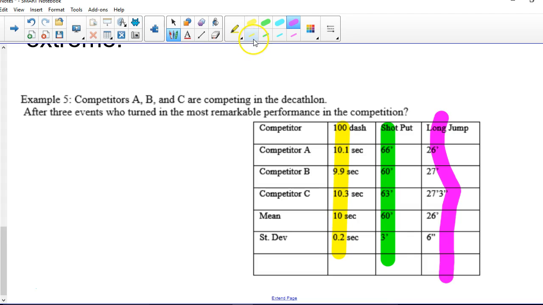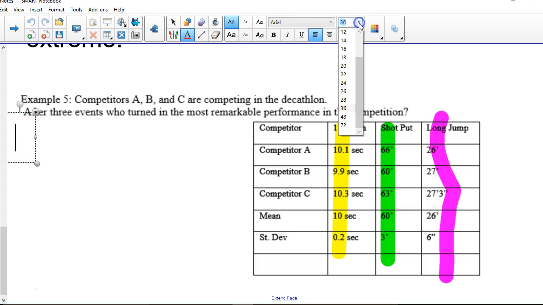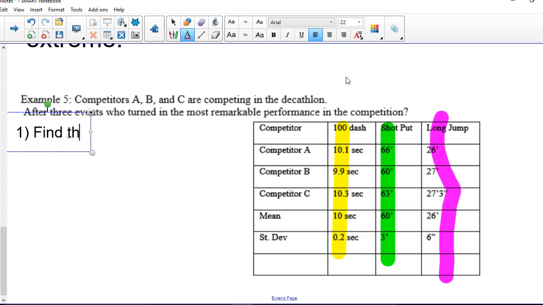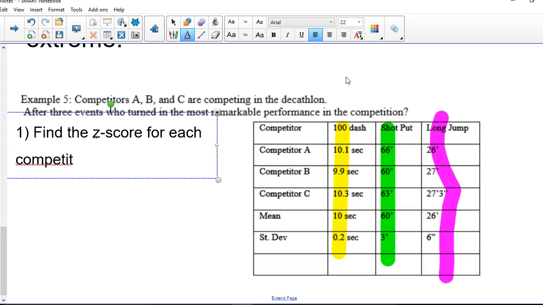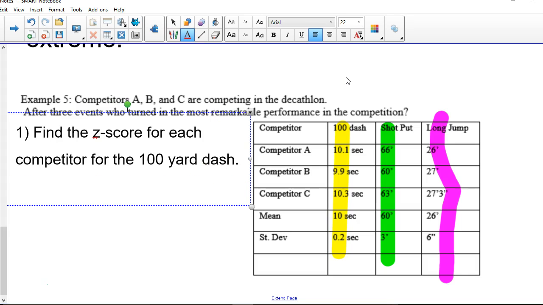Okay? What you are going to do first is find the z-score for each competitor for the 100-yard dash. Then you would do it again. Repeat the process for the shot put.